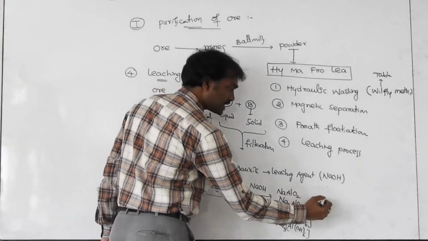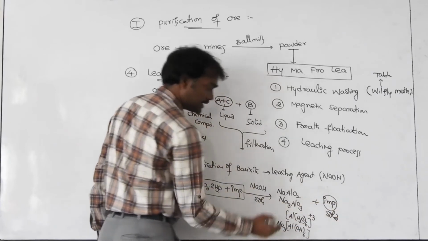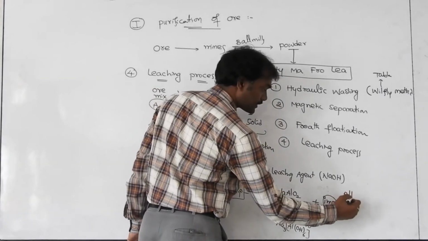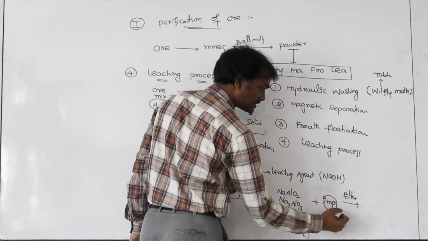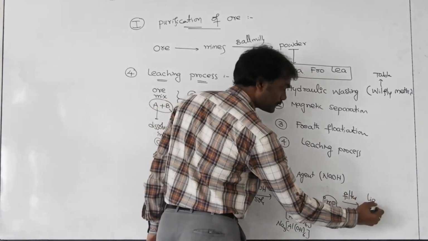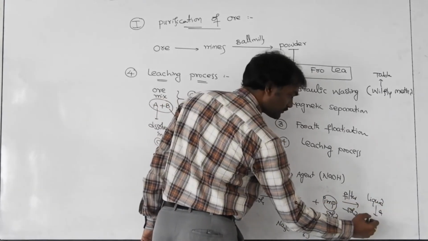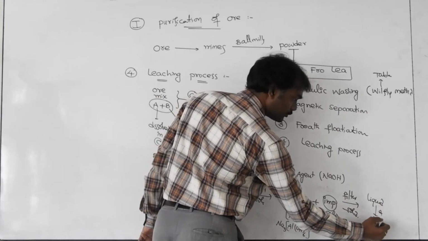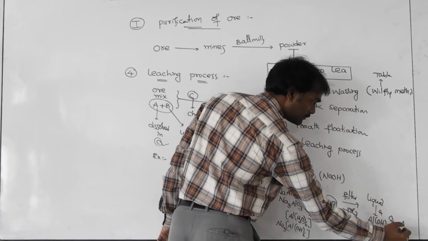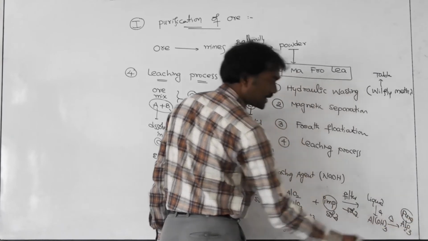Next, impurities are not dissolved; they are in solid form. So you use filtration, which means solids are removed and you get a liquid. This liquid you heat. First it becomes Al(OH)3. Further heating makes it Al2O3, so you get pure Al2O3 plus water.